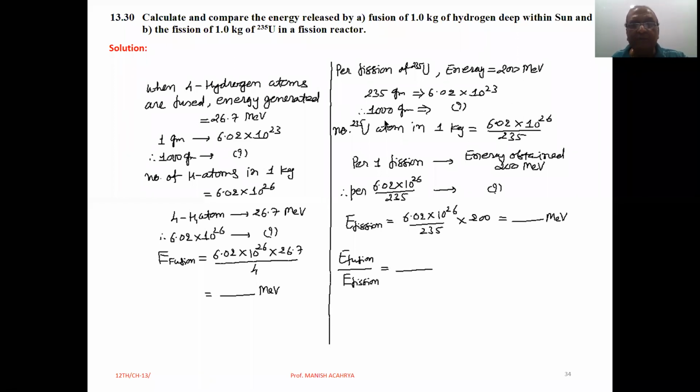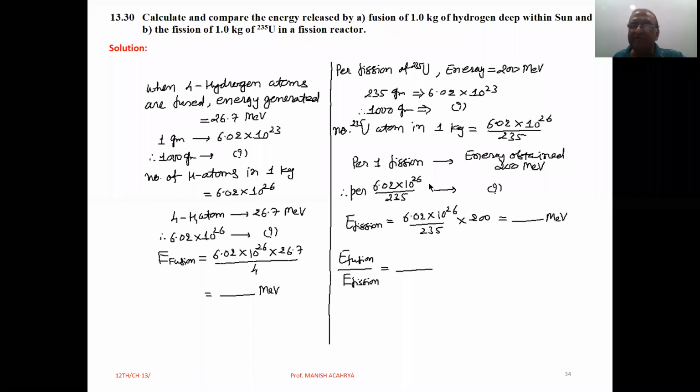Then in 1 kilogram, that is 1000 gram, how many atoms are there? The number of atoms of U-235 in 1 kilogram is 6.02 into 10 raised to 26 divided by 235.